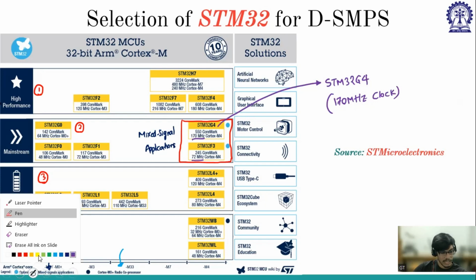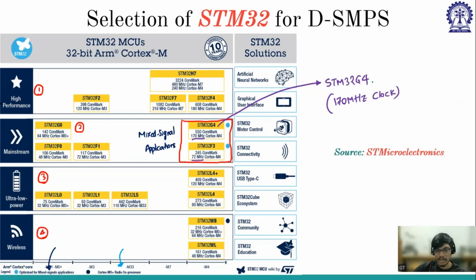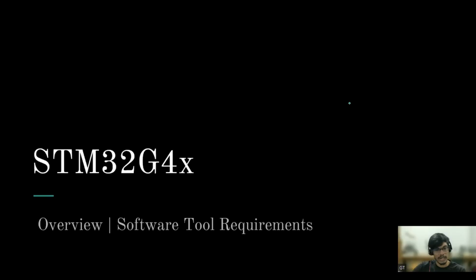This is the reason why we chose this microcontroller, because it is optimized for mixed signal applications. So it is optimized for whatever concepts we are discussing, and out of these two, it has higher frequency, which means better resolution. So that's why we selected this microcontroller, and now we'll discuss this microcontroller in detail.